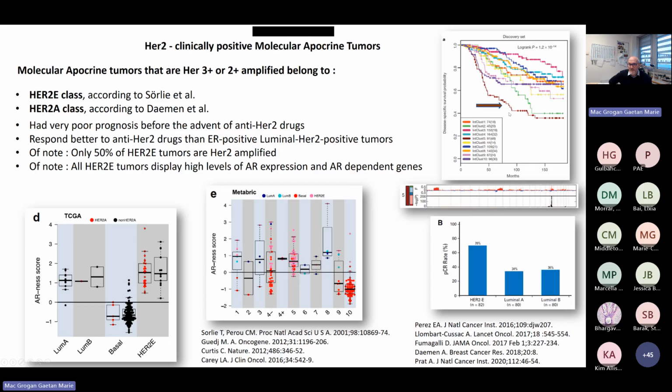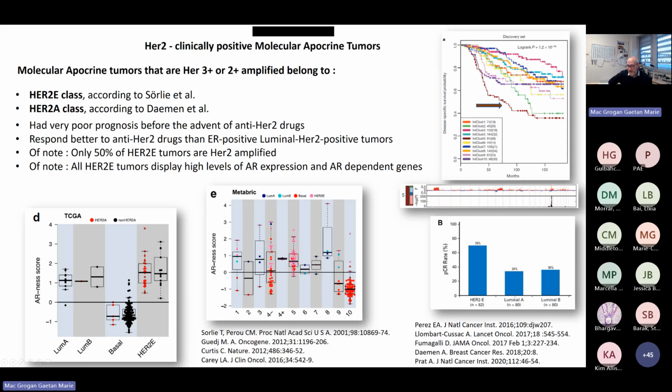Before the advent of anti-HER2 drugs, they had the poorest prognosis in breast cancer. However, with the advent of anti-HER2 drugs, these HER2-enriched tumors are very sensitive to these drugs, and in fact, they respond better to anti-HER2 drugs than the luminal B HER2-positive tumors.